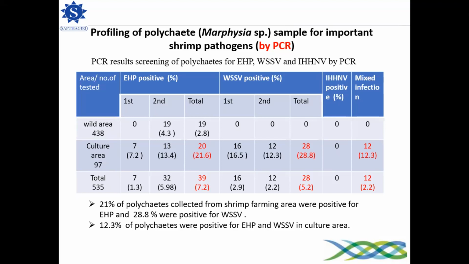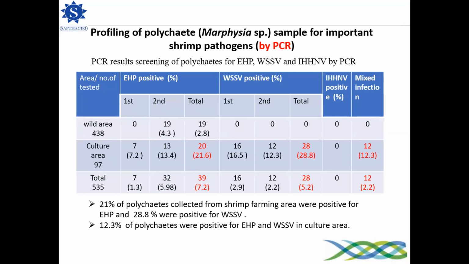In this result, in wild areas, we are not getting any WSSV infection and very little contamination with EHP. So 21% of polychaetes collected from farming areas were positive for EHP, and 28.8% were positive for WSSV. 12.3% of polychaetes were positive for both EHP and WSSV in culture areas.